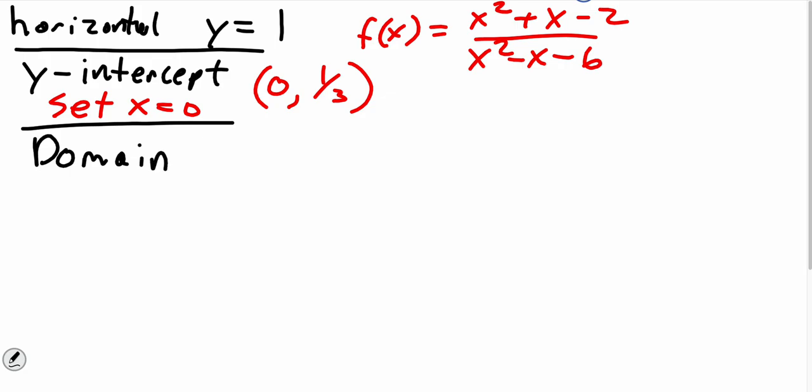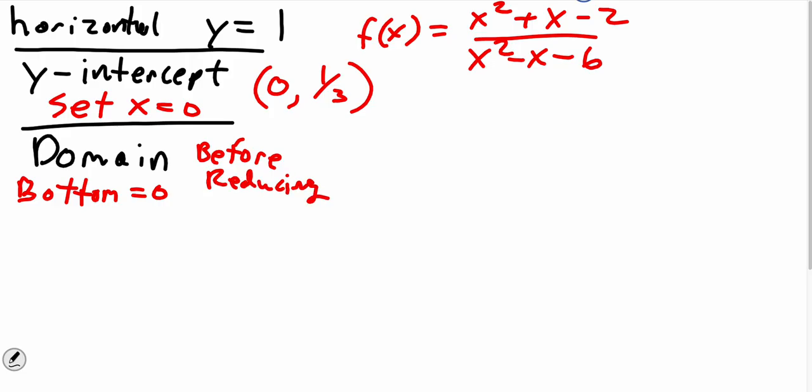In order to do the domain, we have to figure out when the bottom equals 0. When does the bottom equal 0? Before we reduce. Before reducing.